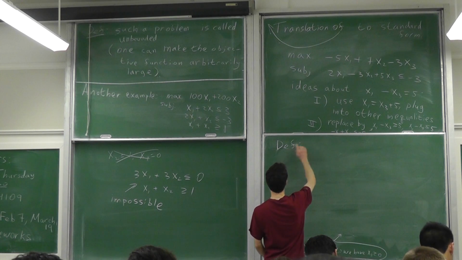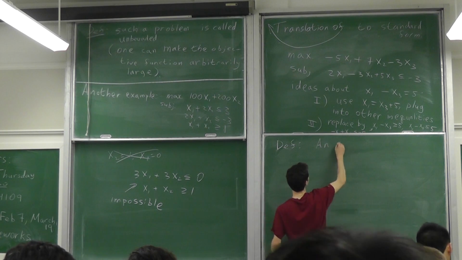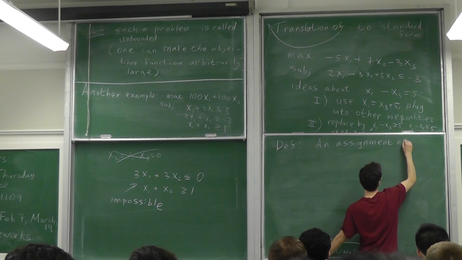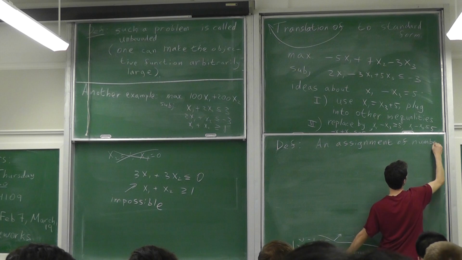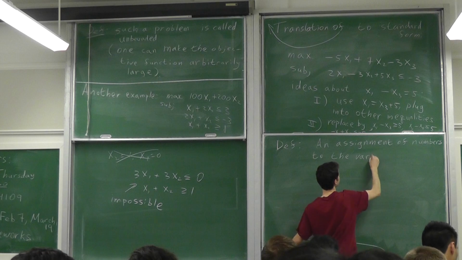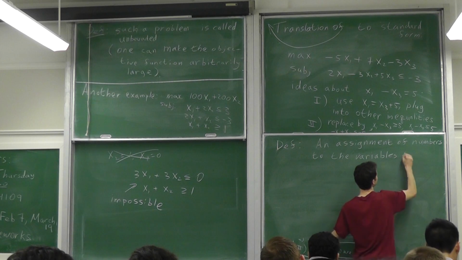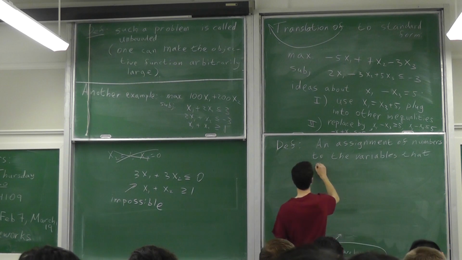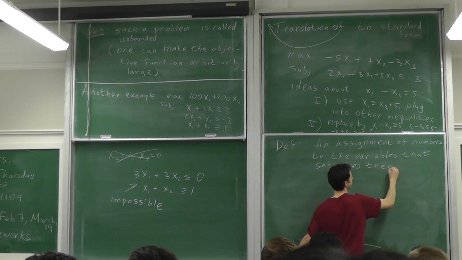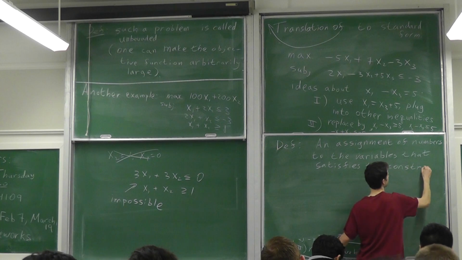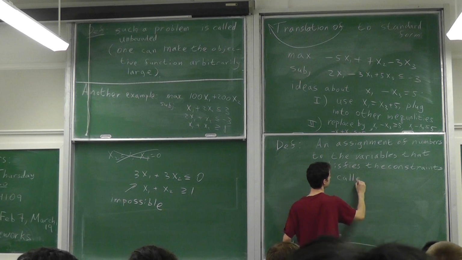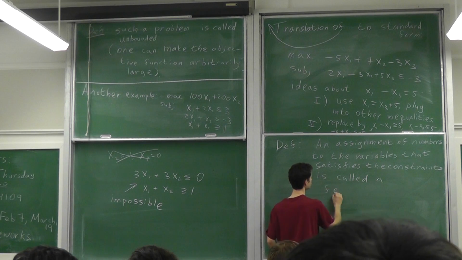So a definition: an assignment of numbers to the variables that satisfies the constraints is called a feasible solution.